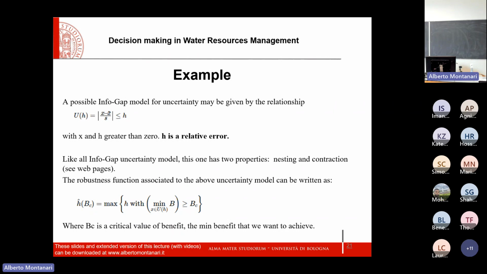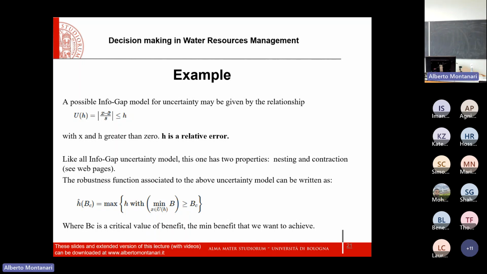So as long as I decrease my minimum requirement for the strategy to be successful, I can tolerate a large uncertainty H, which means that the set of the X, the set of the possible futures, is larger.